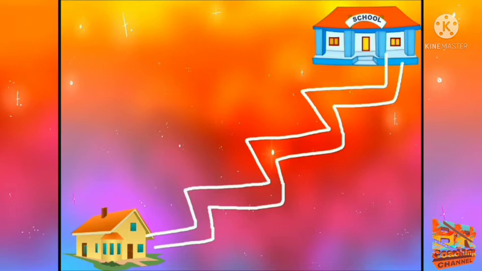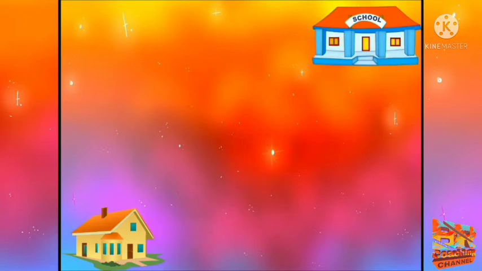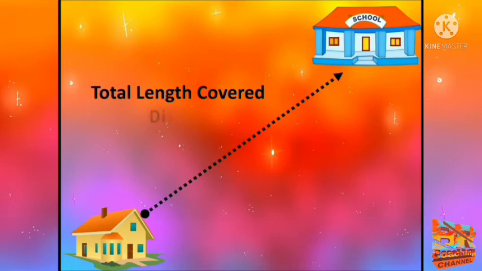If you are 15 kilometers apart from our school, you will say the distance between our school and your home is 15 kilometers. That is distance. Simply, the total length covered is nothing but distance.